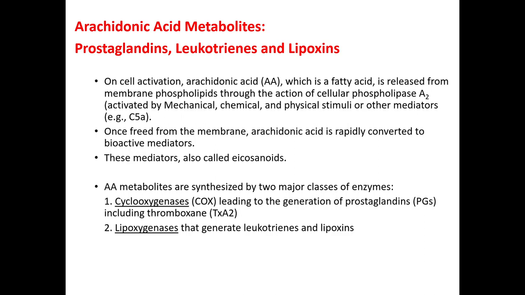The arachidonic acid metabolites are synthesized by two major classes of enzyme اللي هي cyclooxygenase pathway و lipoxygenase pathway. الcyclooxygenase لما يعني طلع الarachidonic acid it will pass in two pathways يا اما cyclooxygenase pathway او lipoxygenase. الcyclooxygenase يعطينا generating البروستوغلاندين. من هي البروستوغلاندين؟ اللي هي thromboxane A2. واللايبوكسيجينيز باثواي جنريت اللوكوترين واللايبوكسينز وكل واحدة طبعا لها أكشن.